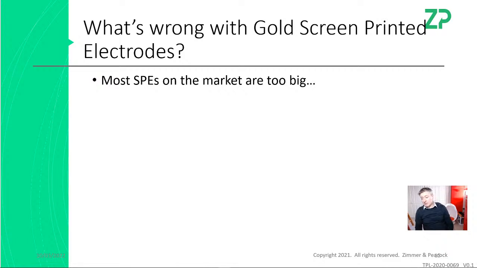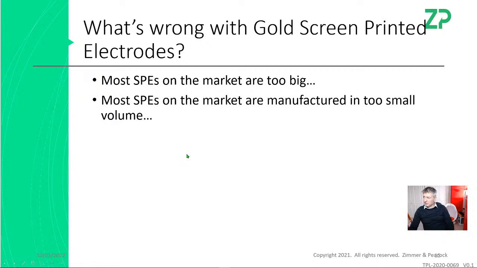They're nice for R&D, and people get very fixed on them, but if you really do the calculations when you want to go to volume, they don't make any sense. They're too expensive. The other thing about screen printed electrodes is they're really made in too small a volume.